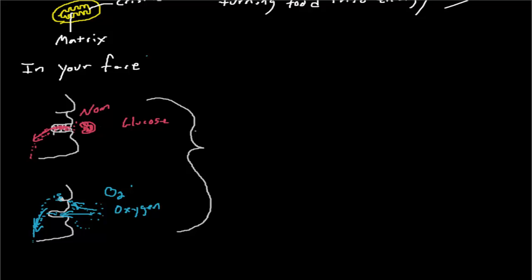What's going to happen is you're going to end up with a couple of things. The most important of which is something that we've mentioned before. I'm going to draw a little lightning bolt. Yep. Fun little molecule. It's called ATP.